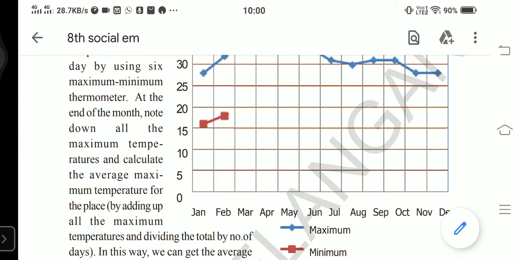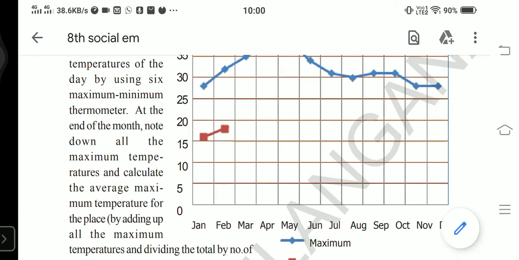By summing up every day's maximum temperature in the month of January, we get the average maximum for January, that is 28 or 27. Similarly, the average minimum temperature in January is 15 degrees Celsius.